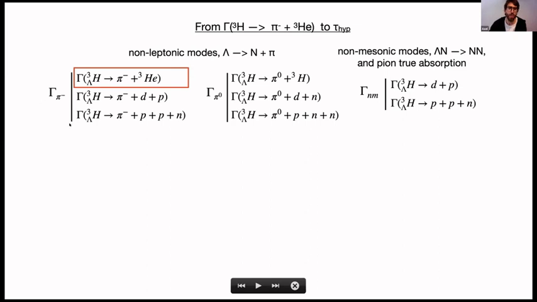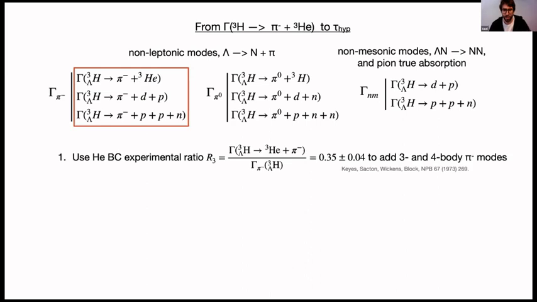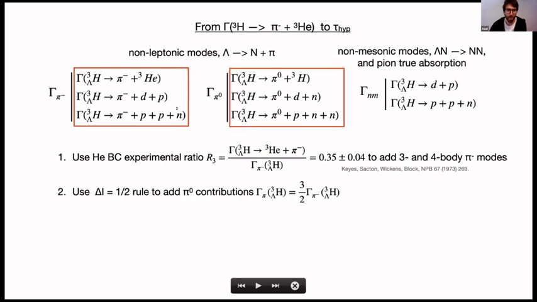And then within the first column, these negative pion partial decay rates, you can relate the first one with the other two through this experimental ratio from bubble chamber experiments. This ratio, we've seen it, it's 0.35 with a certain uncertainty, but we just divide this partial decay rate by 0.35. We will propagate this error later on.